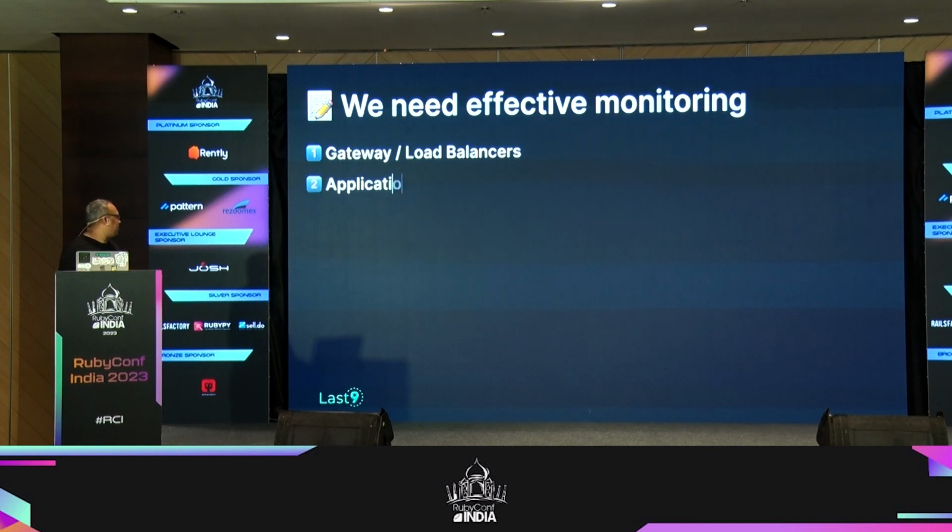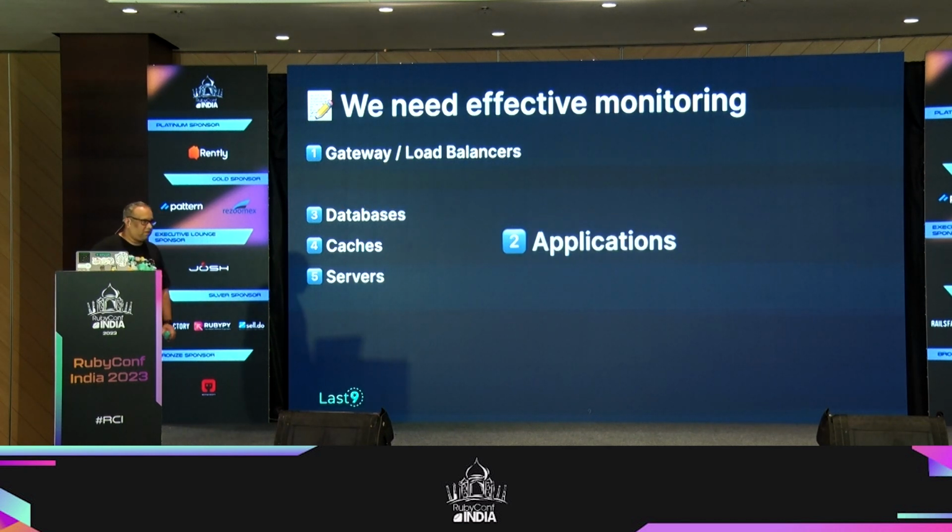We have the gateway layer. Second, we have the applications. Each of those applications needs monitoring. Each of those layers has databases, caches, and the underlying servers. So suddenly, monitoring requirements have gone up a notch. But I just want to focus on applications here because I am talking about APMs. So let's see what we can do about applications.